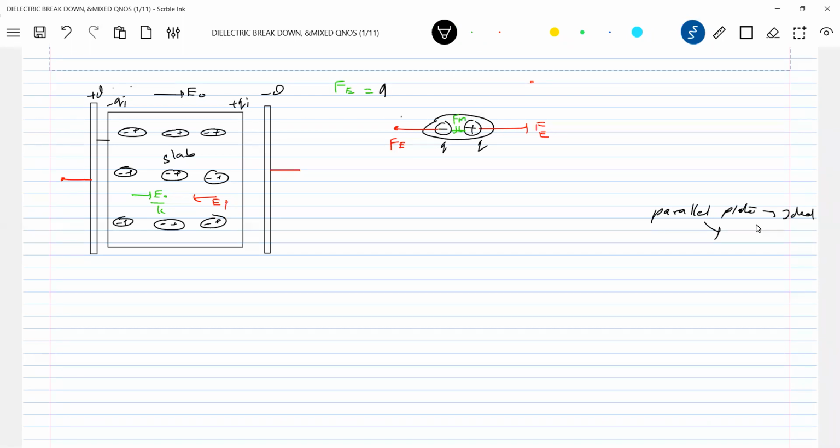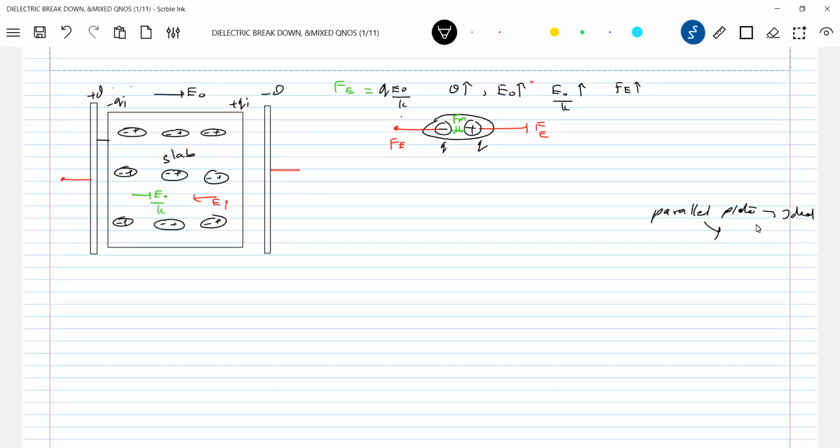So this should be equal to QE. As I increase the charge Q, E naught will increase, E naught by K also will increase, so Fe will increase. This is the sequence in which it happens.